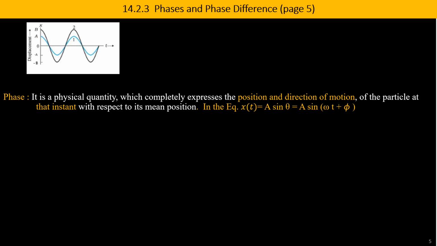In the equation x of t is equal to A sin theta, which can also be written as A sin omega t plus phi, the argument omega t plus phi is called the phase of the motion.